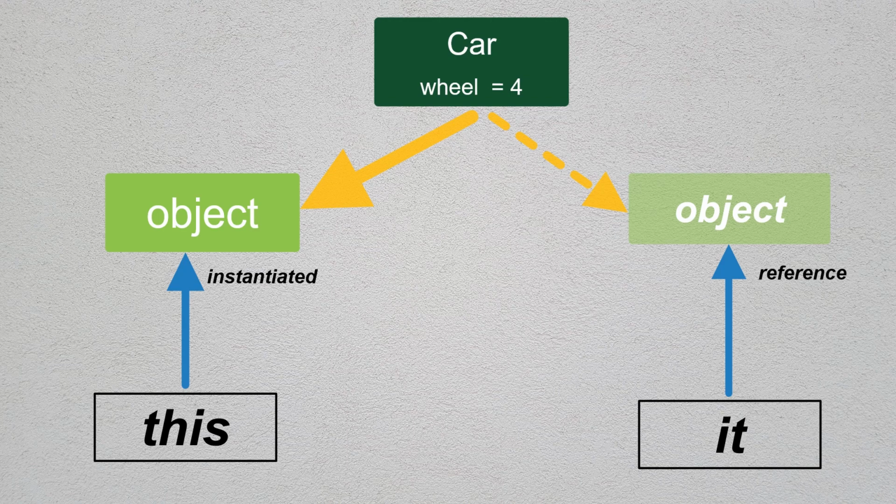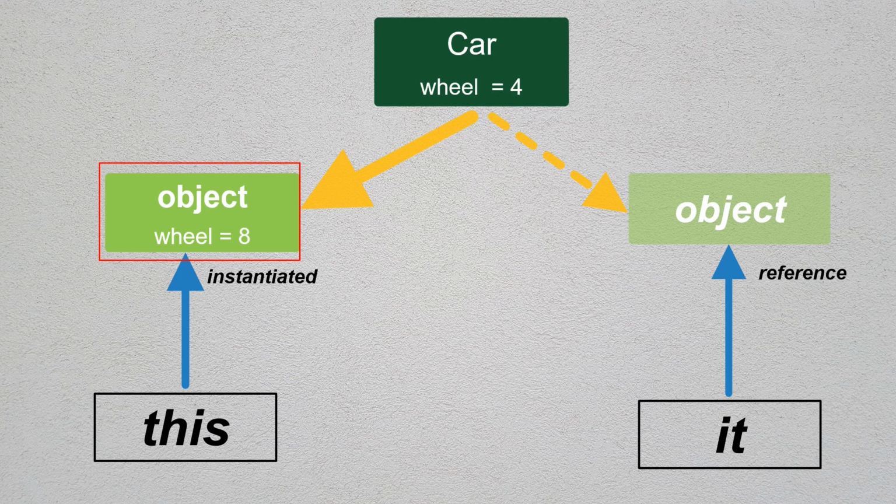The initial value of wheel is 4. This car class can be instantiated, and the object could change the variable value of wheel from 4 to 8. So when we take the instance or object of the car class with this keyword, we get the changed value of the wheel member variable in this particular case.